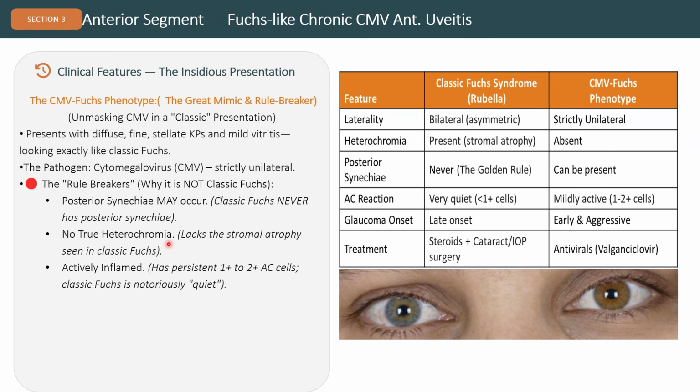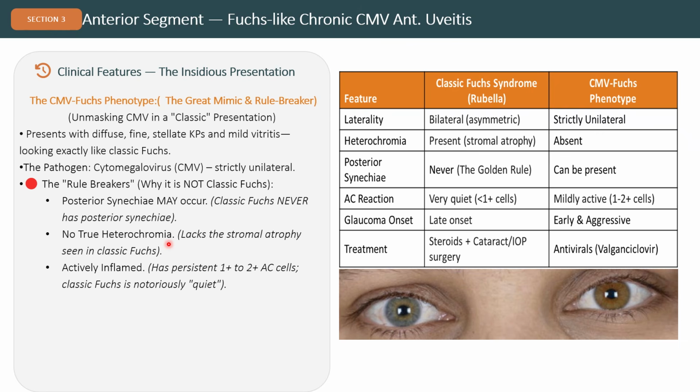So, a large substantial portion of Fuchs uveitis syndrome is associated with true heterochromia, and the lighter colored eye is associated with the chronic inflammation. However, the cytomegalovirus phenotype of Fuchs is associated with atrophy of the stroma, and sometimes even transillumination you find, but it is not a true heterochromia.